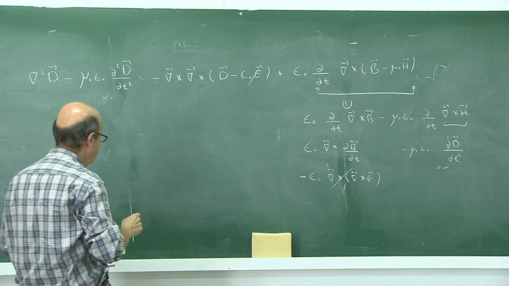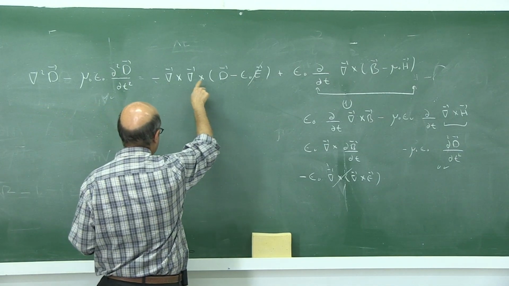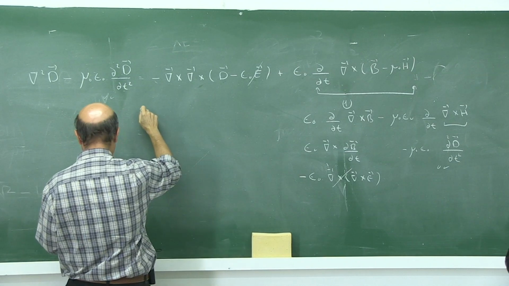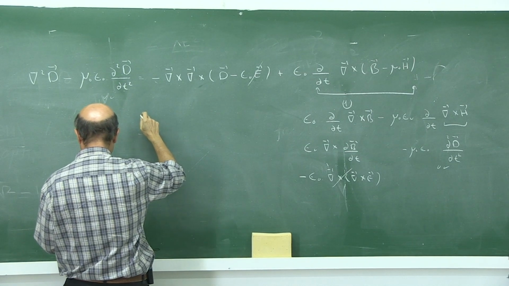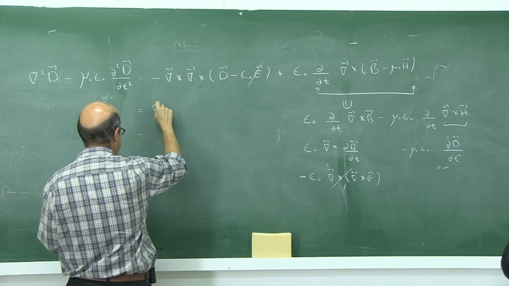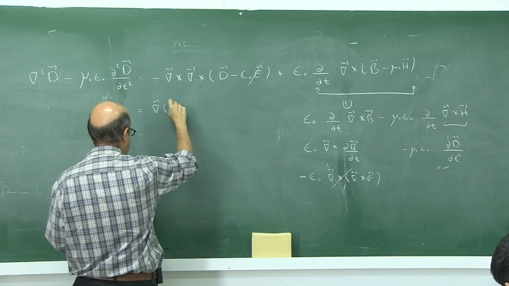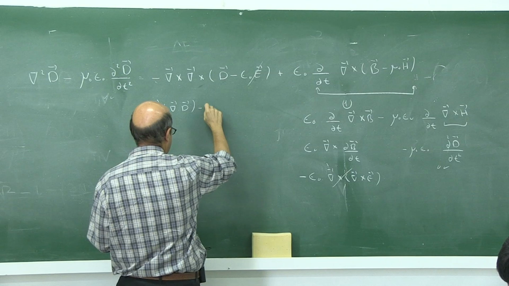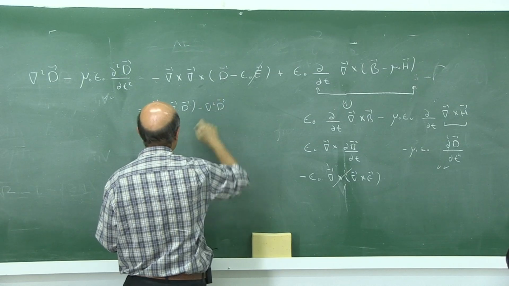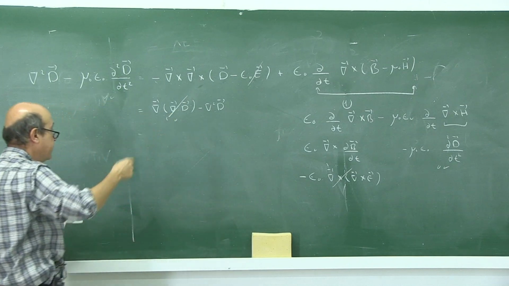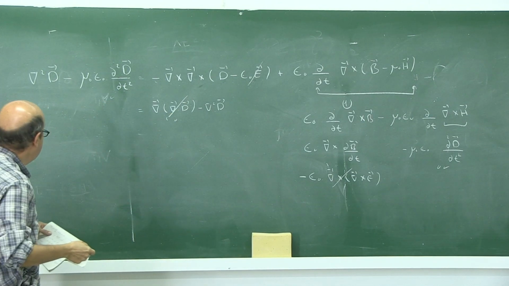And the leftover term will be minus curl of curl of D, and that is nothing but gradient of divergence of D minus Laplacian of D. So divergence of D is 0 because there are no free charge densities.